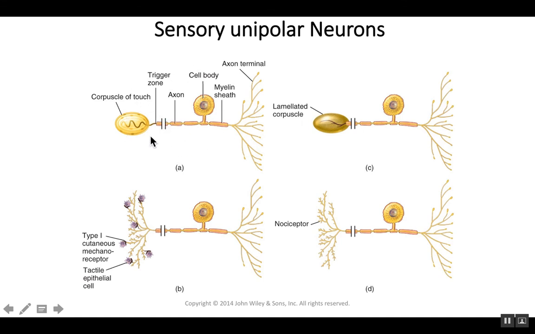We've seen or heard of a few of these when we studied skin. This one here in panel A is a Meissner corpuscle for touch. This one here is a lamellated or Pacinian corpuscle for pressure. These were those Merkel tactile structures for tactile senses. And then this one is a nociceptor. Nociceptors are for pain.